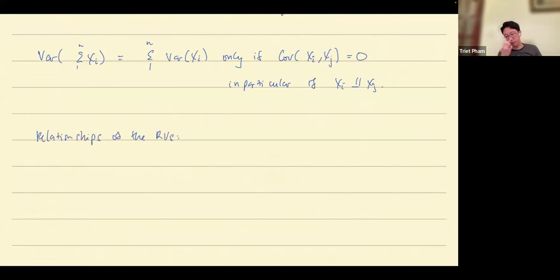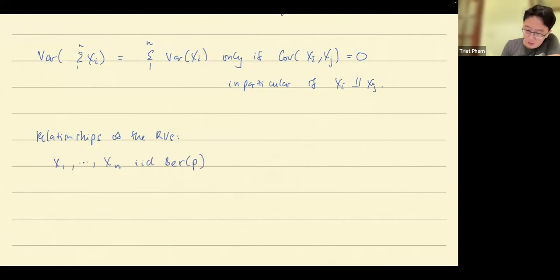The first relationship that we should know, and it's sort of the common theme for this class, at least in a lot of problems, is that you can sum. So for example, you have x1 to xn, IID Bernoulli.